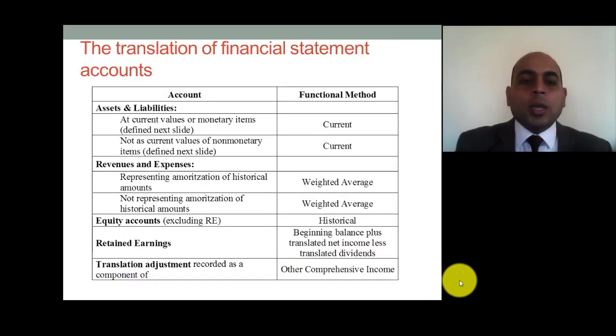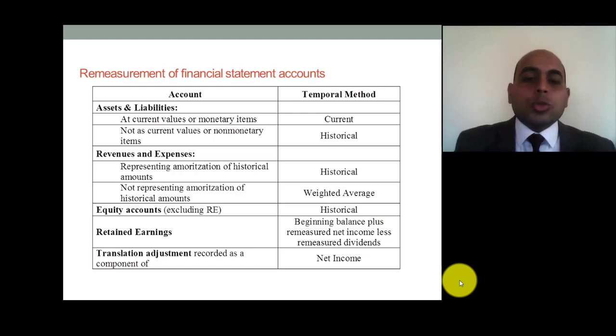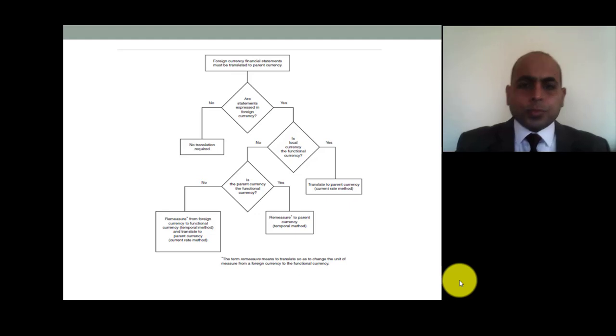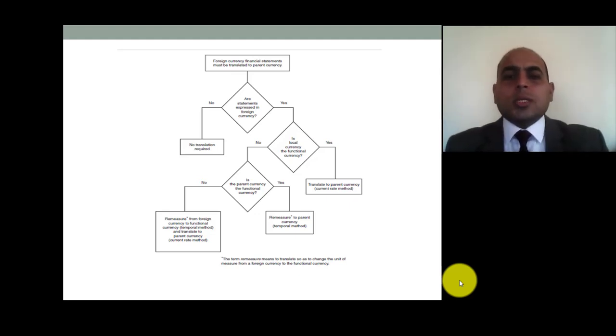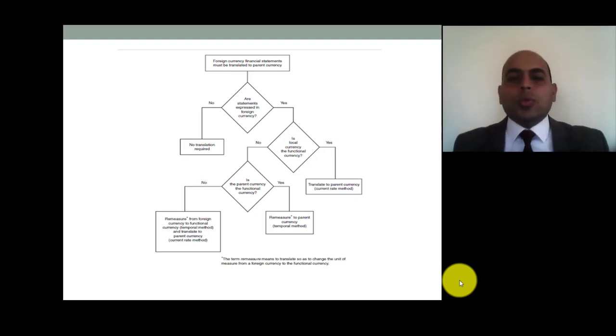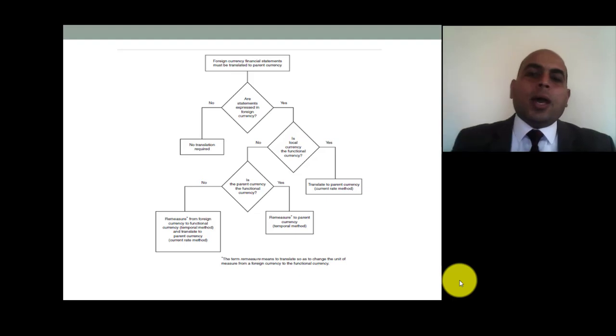Let us move to see the circumstances for adopting the current or functional method and the temporal method. Where we are located, for example here in Palestine, the functional currency when we prepare financial statements is, for example, the Jordanian dinar, and we move to translate the financial statements of an affiliated company located in Egypt.